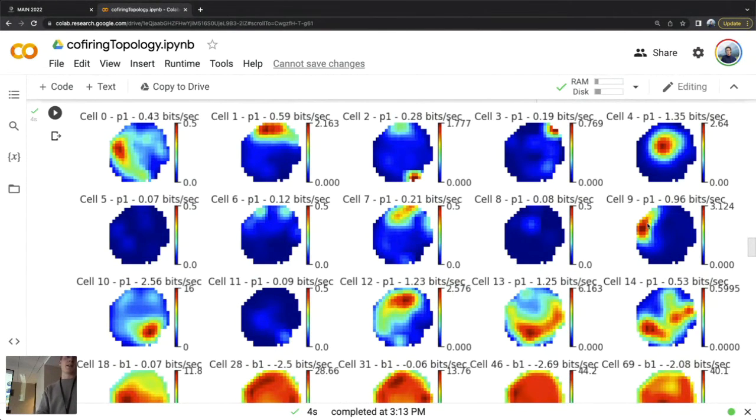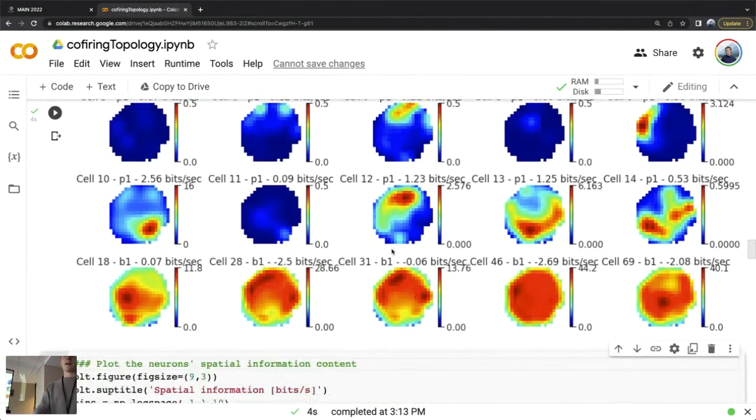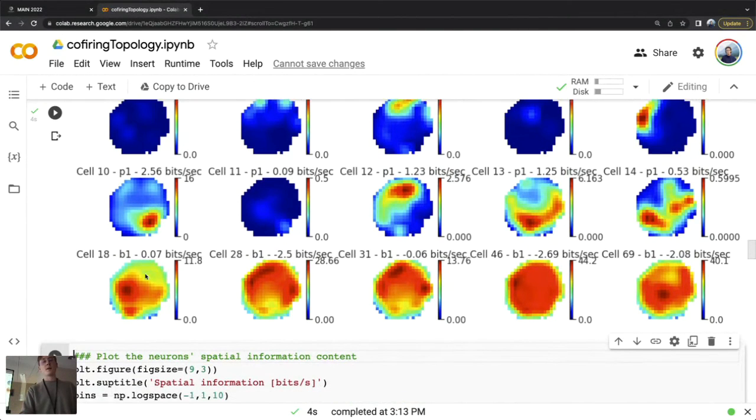Cell number 9 is pretty as well. Cell 3. But then on the last line, I chose 5 interneurons, and you can see that their firing is not really place specific, so they're always active, and therefore they don't show any place map.